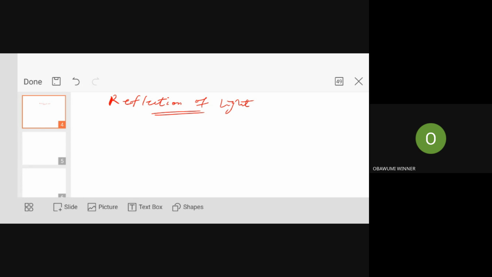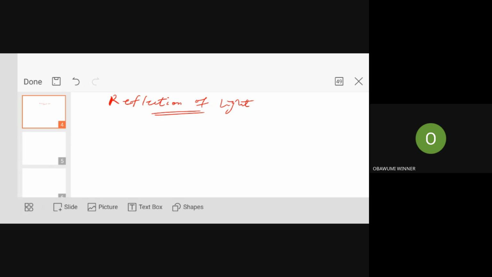So, under reflection of light, we can simply say it is just the bouncing back of light waves whenever light intersects a surface. Anytime light is struck against any surface, the bouncing back of that light wave is what we call reflection of light. And anytime this occurs, we have basically two types of reflection.